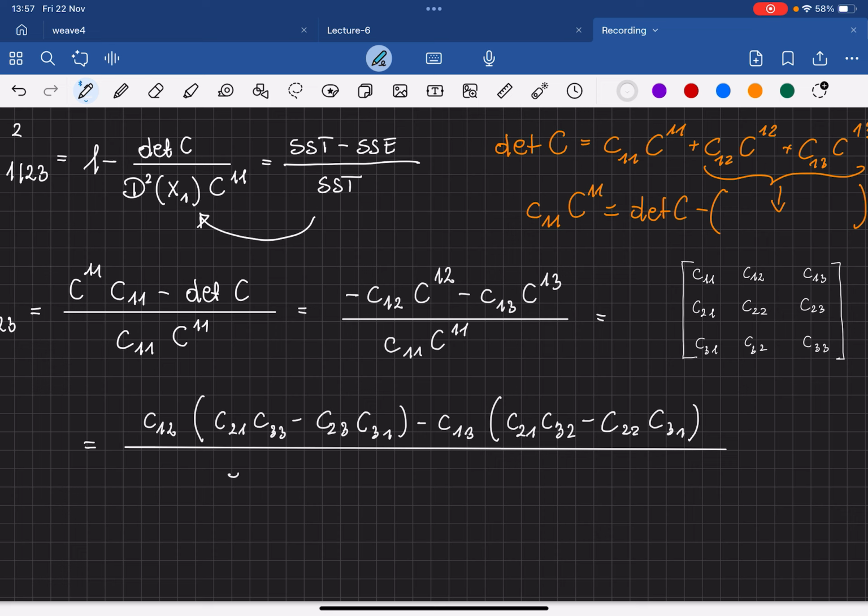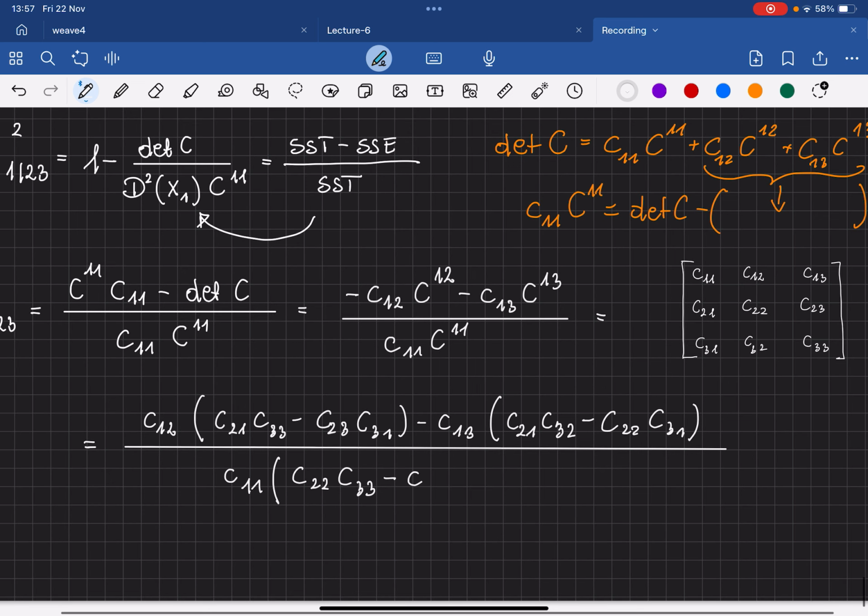And then we do the same in the denominator, C11 times C22, C33 minus C23 squared, because this is the same as C32 and C23. It is a symmetric matrix, so this is exactly the same.